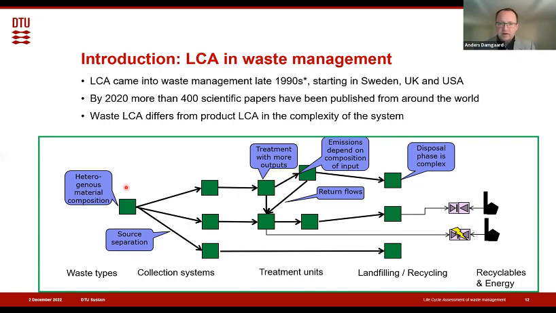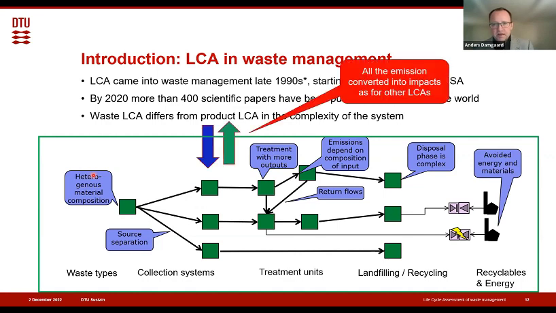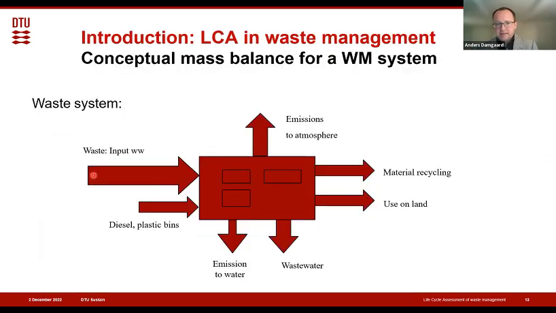So there is a lot of complexity in understanding all these things. And then, of course, the benefit downstream should be that we get some avoided energy and materials out of this. Similarly to the normal LCA, we will convert all of this into emissions and impacts for the other LCAs.